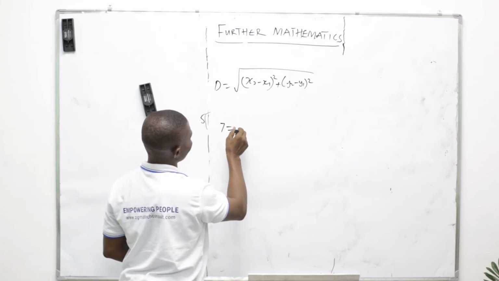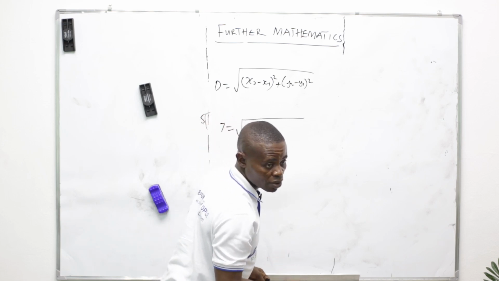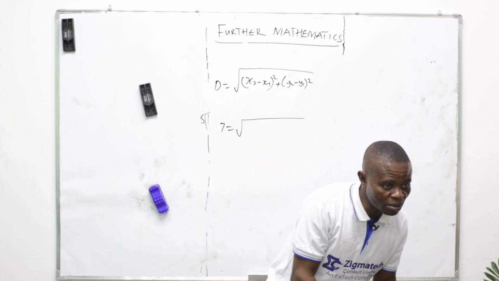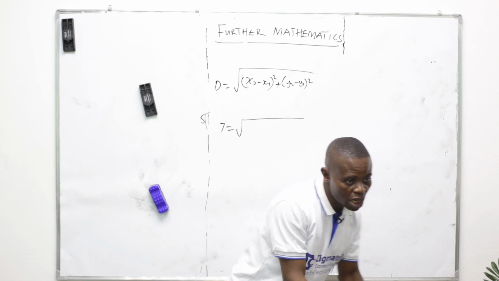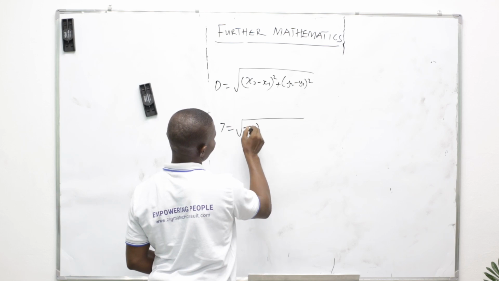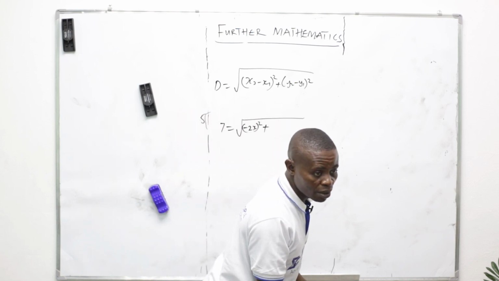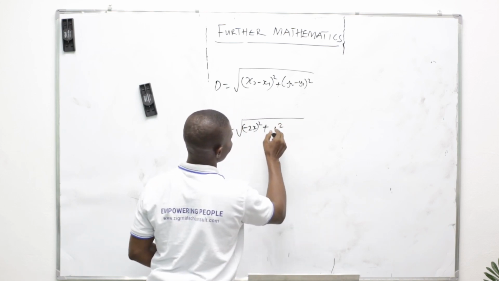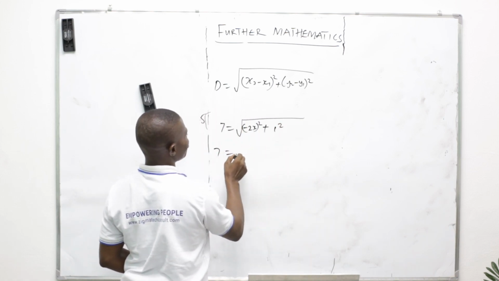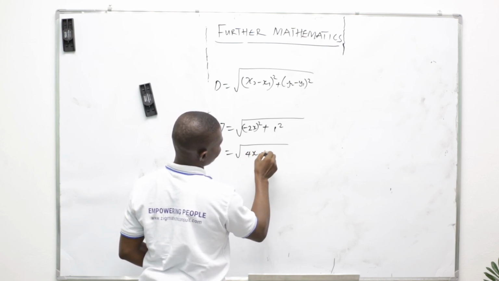I write 7 equals square root of, that is minus 2x all squared plus y, 3 minus this, that is 1 squared. So 7 equals square root of 4x squared plus 1.